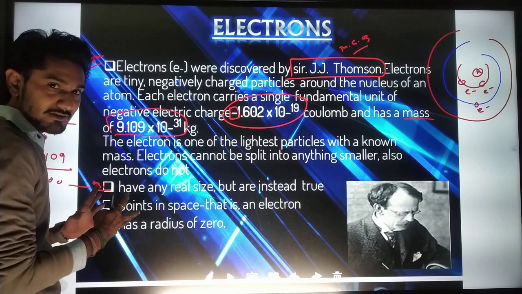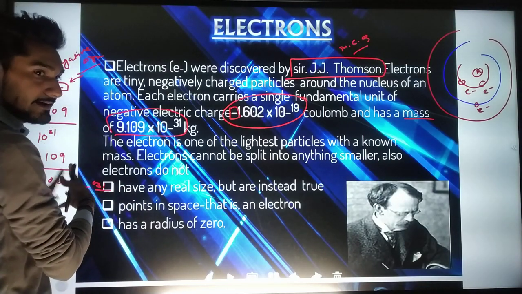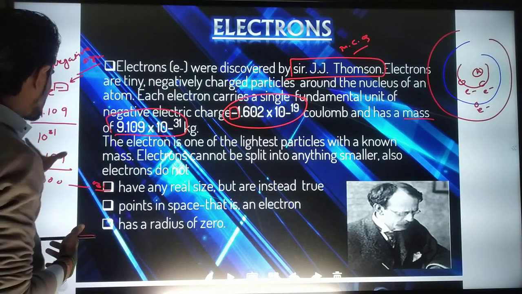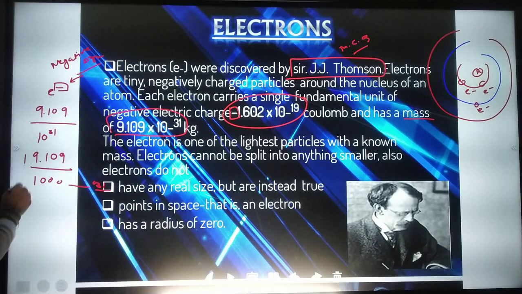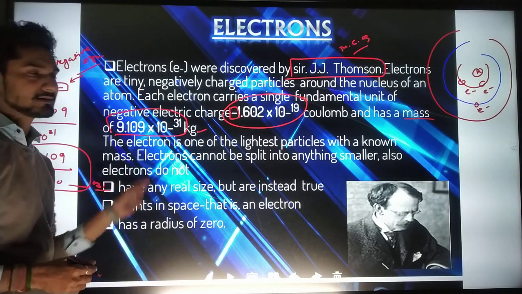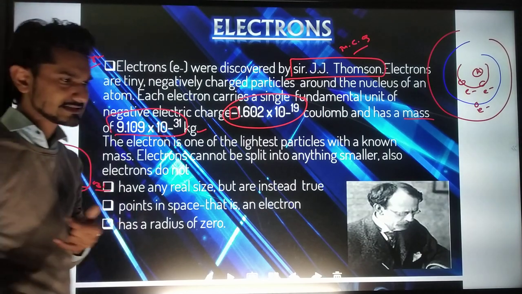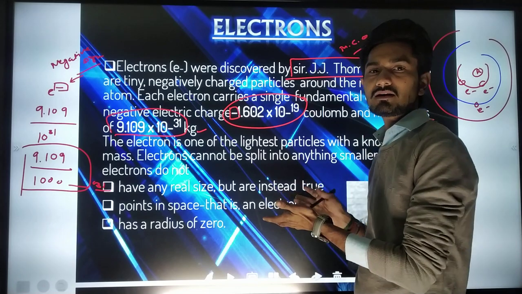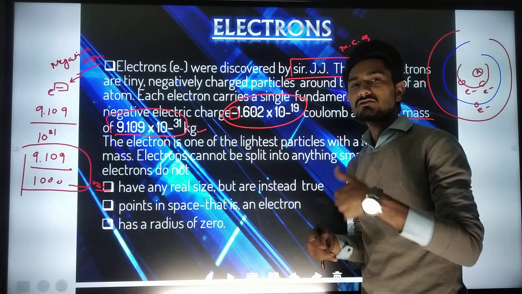If we divide by 10, it goes to crore, arab, and afterwards. Whatever value comes after this will be considered the mass of an electron. So you will see that it is very small. Mass is very small because electrons are revolving around the atoms, and that's why we cannot see it with the naked eye.